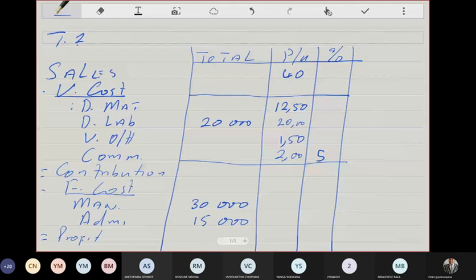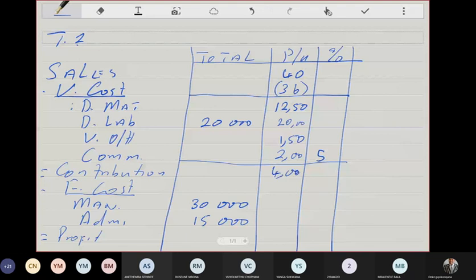So we've got 36 there. One of the questions that we had, guys, is to calculate the contribution per unit. It doesn't matter whether you started with the per unit or the total. So 40 minus 36, then we can say, okay, this is our contribution per unit.